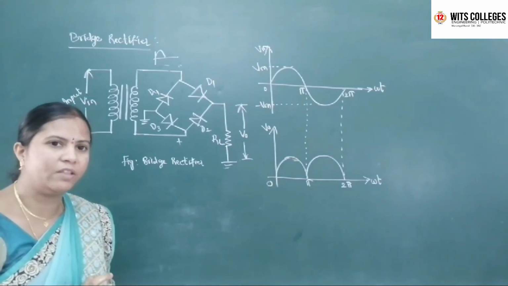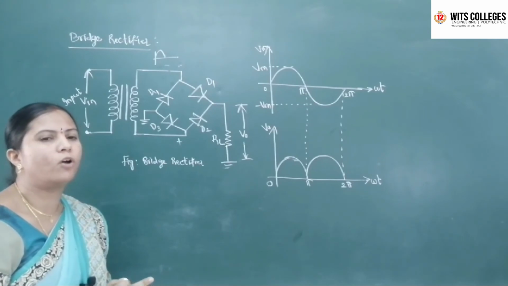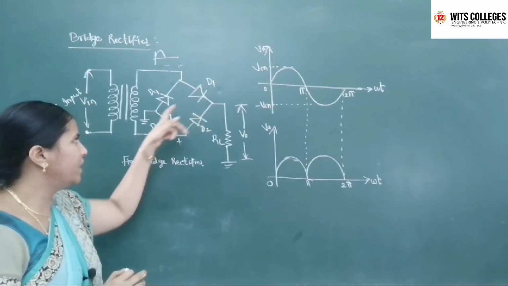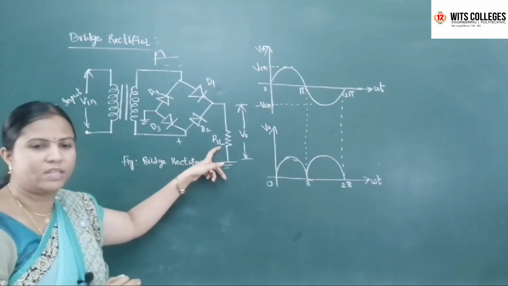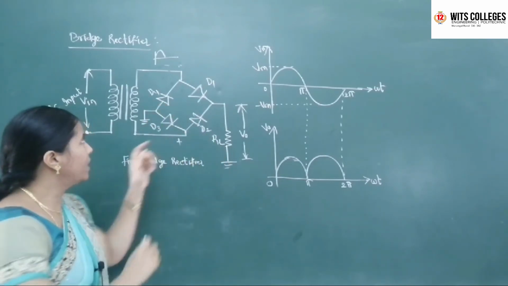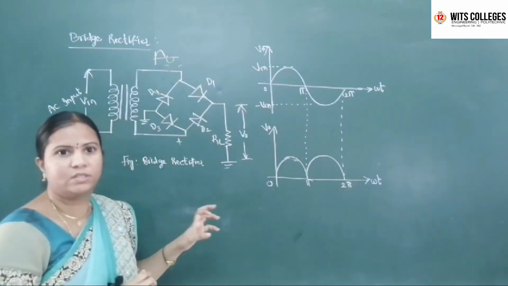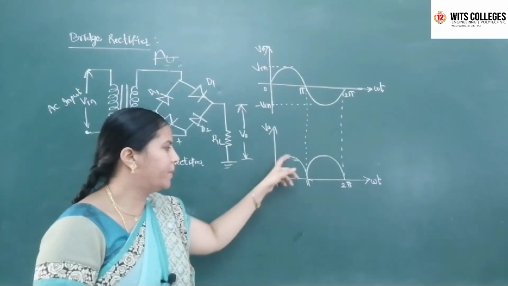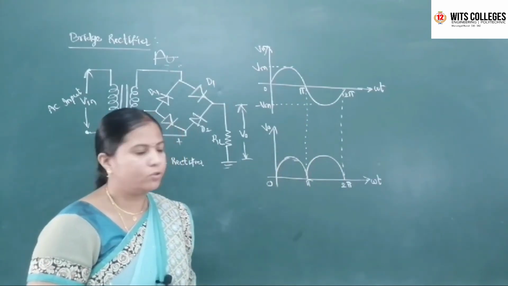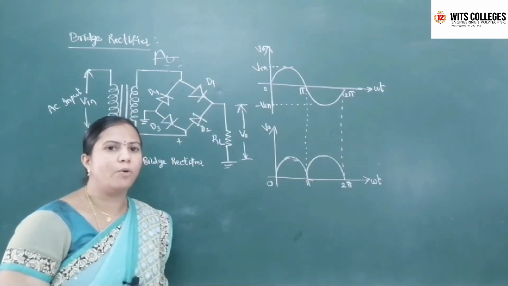The D1, D3 diodes don't conduct, there is no flow of current through them, and D2 and D4 are in series with the load resistor RL. So whatever negative half cycle you apply, it comes out like this. If you apply a bidirectional input, it appears in a unidirectional way. This is the pulsating DC output voltage of the bridge rectifier. So this is the operation.